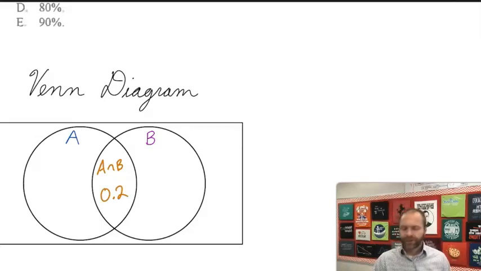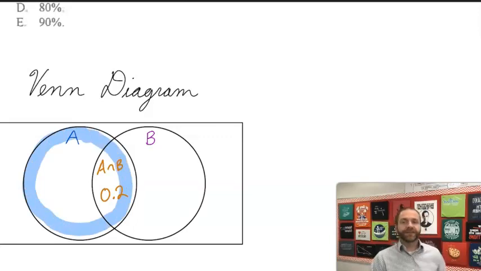If I want to find the probability of A, which is 0.6, that means this entire circle contains 0.6. Since 0.2 is already in that circle, I need to put 0.4 here, because the whole of A now contains 60%, 0.4 plus 0.2.